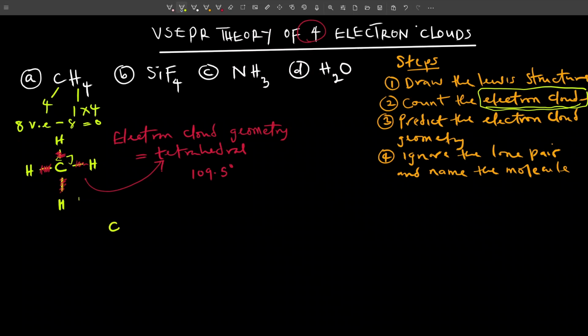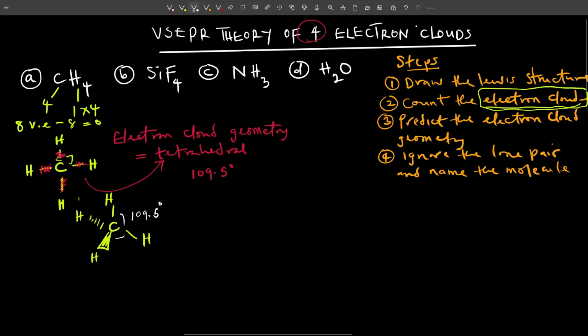We have our carbon, we have our hydrogen here, we have our hydrogen here, we have one pointing outward from the plane, and we have one behind the plane. So the bond angle here between electron clouds is 109.5 degrees.